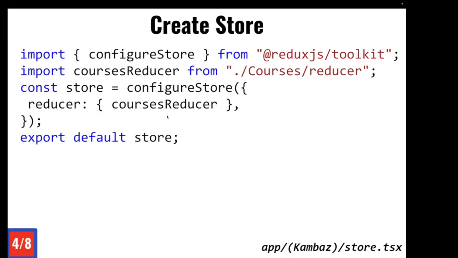We're going to import that and add it here. Now we're going to have several other slices that declare reducers for the users, for assignments, for the quizzes, for the modules, and each one is going to be added to this global reducer that we can then pull from the components.